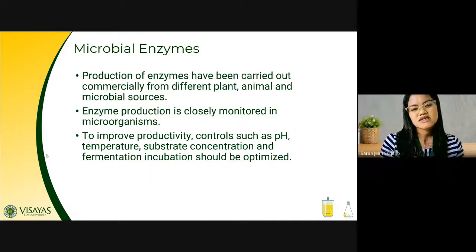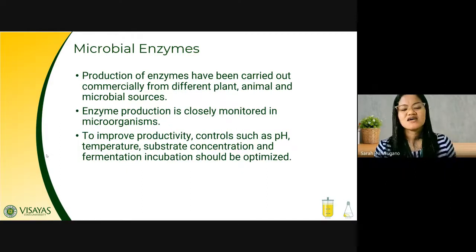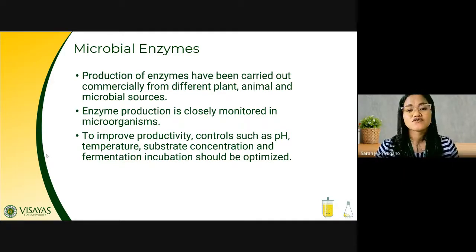But in the production of enzymes, there are still critical conditions that should be closely observed in terms of pH, temperature, substrate concentration, fermentation incubation, and so on. It should be optimized in order to produce an active, not denatured enzyme, because some enzymes are denatured during the fermentation process because of mishandling or temperature sensitivity.